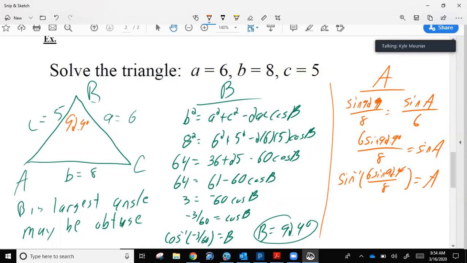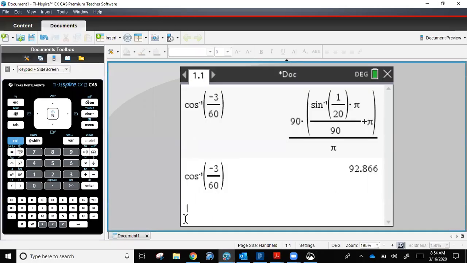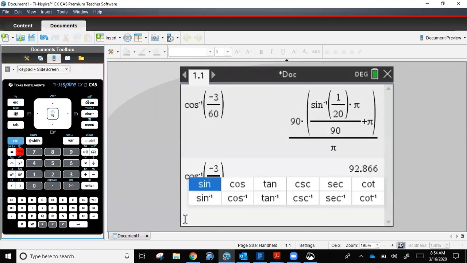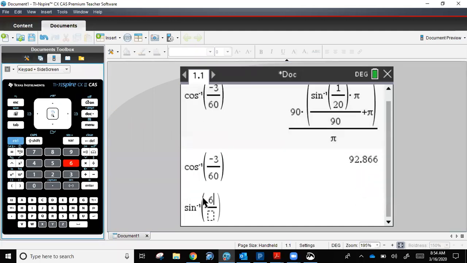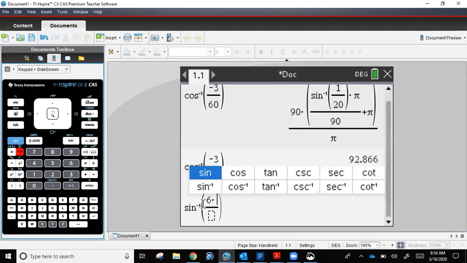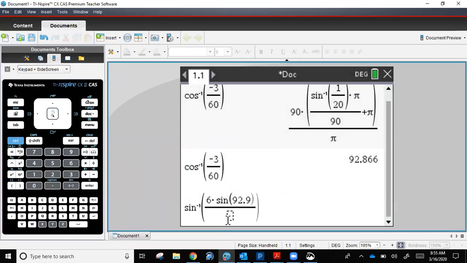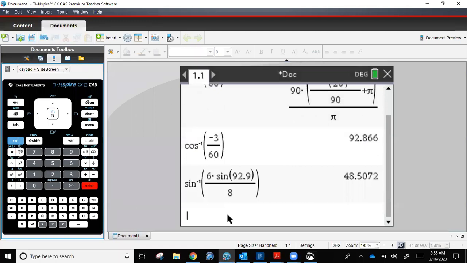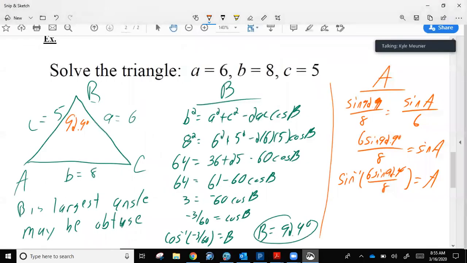So 6 sine of 92.9 over 8. Let's see. So we're going to go trig, inverse sine of 6 times the sine of 92.9 divided by 8. And we get about 48.5 degrees, which is correct. I should have been double checking this last time.